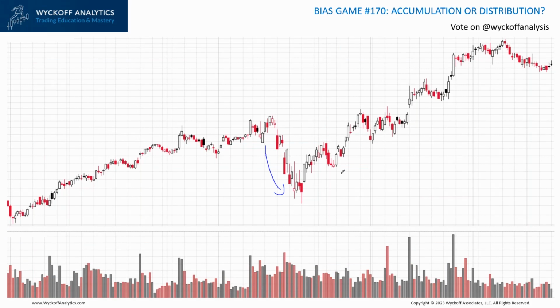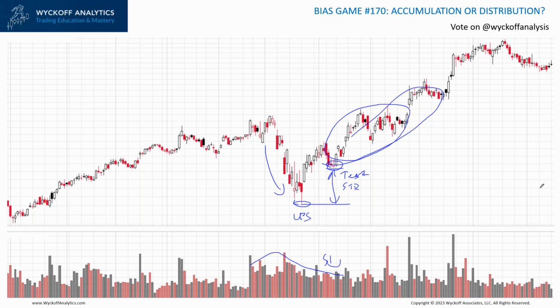We're seeing the diminishing supply and a very, very high test. The distance between the low of the last point of support and the low of the test, there is a lot of space right here. So pretty strong. All of this is just buying, buying, buying.